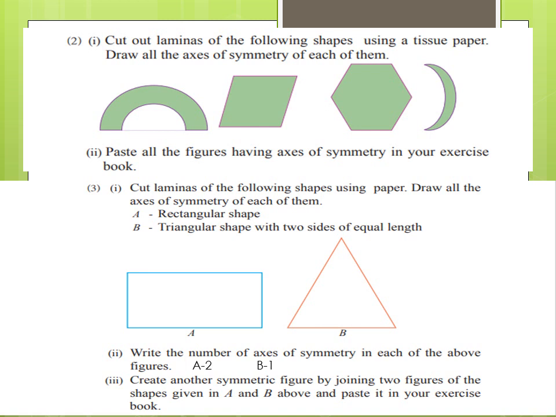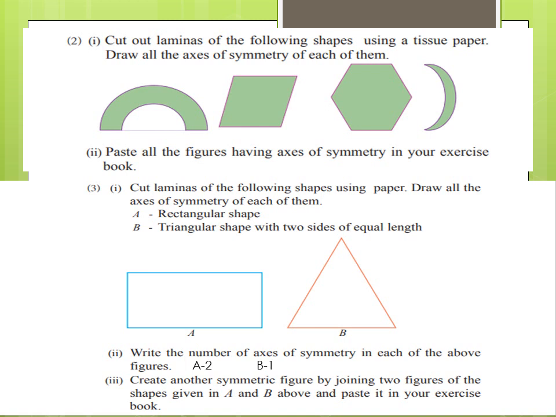And the third one: create another symmetric figure by joining two figures of the shapes given in A and B above, and paste it in your exercise book. So if you make this, B should come onto A, and that makes a house. I think you can understand, because I could prepare it: B should come upon A, and there should be a house, and that is a bilateral symmetric figure.